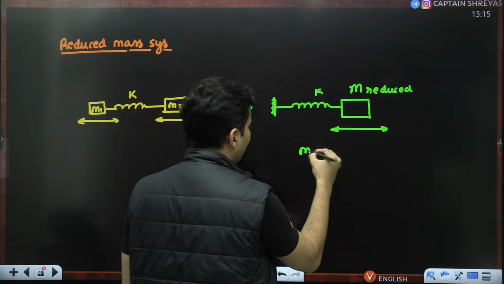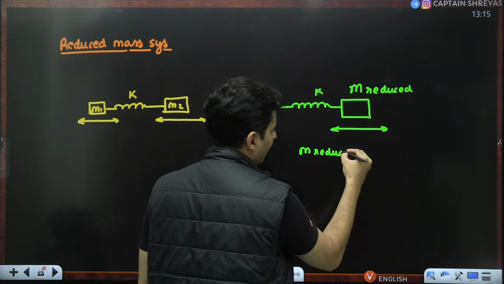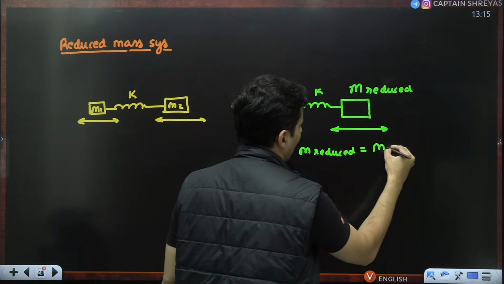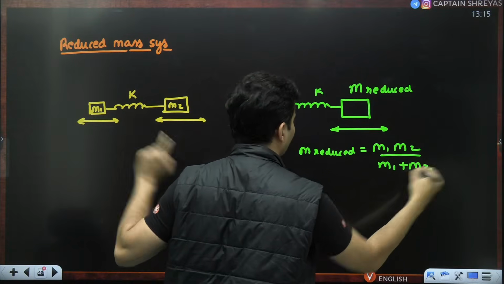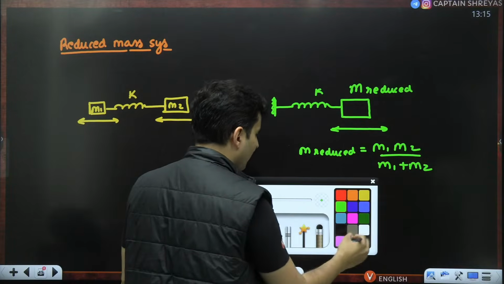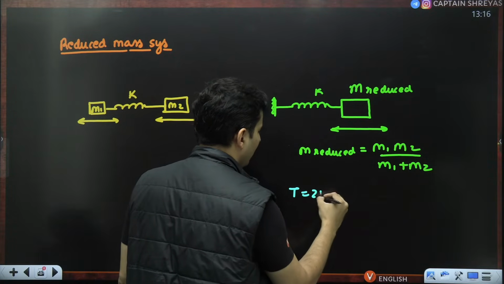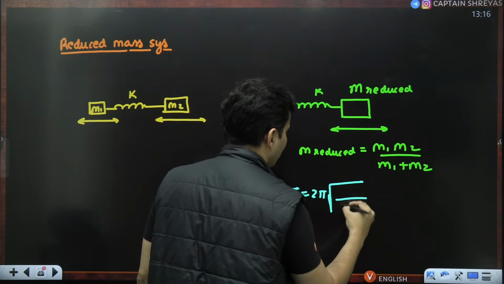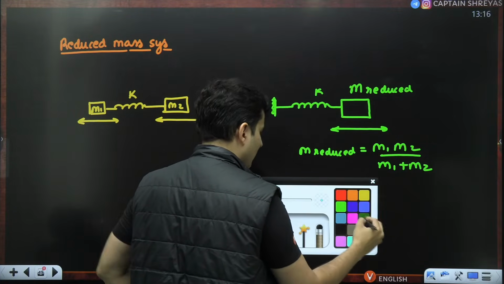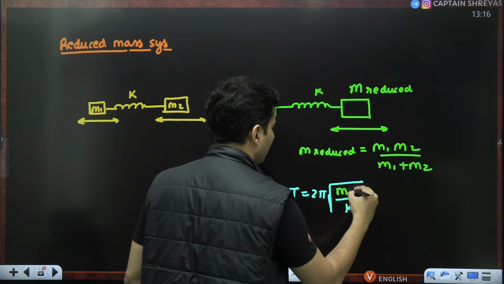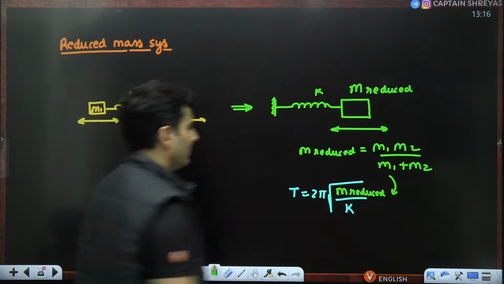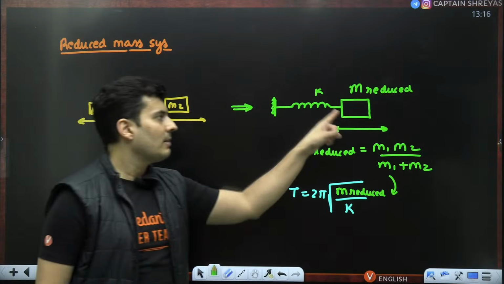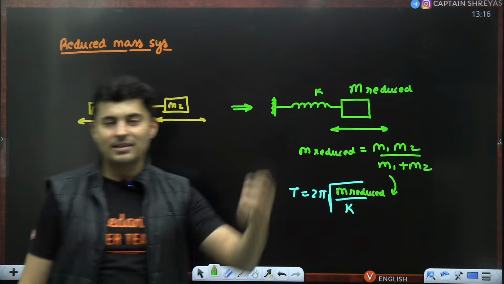So that reduced mass is m1 m2 divided by m1 plus m2. Therefore the time period will be 2 pi under root m by k, but that m will be this m reduced, whatever you got over here. So you can replace those two masses with one single mass.